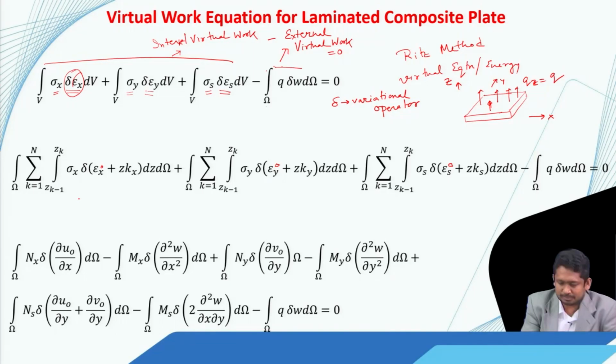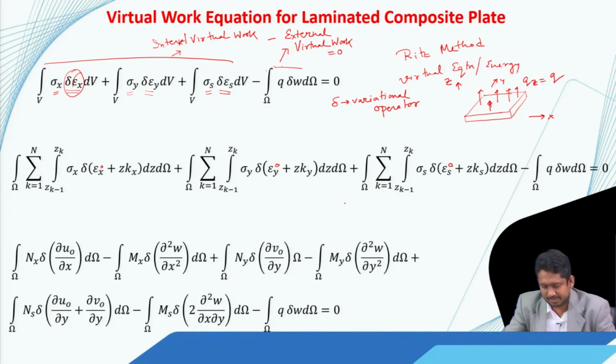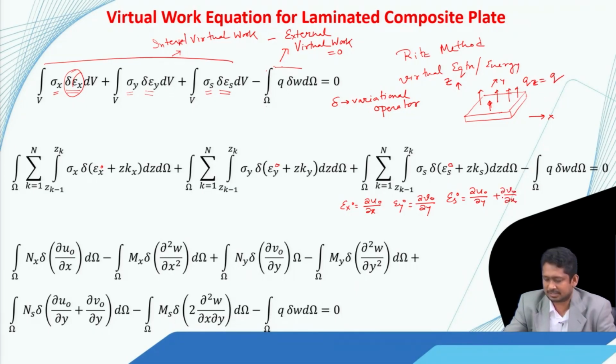And again we know that epsilon x 0 is equal to del u 0 by del x, epsilon y 0 is equal to del v 0 by del y, and epsilon s 0 is equal to del u 0 by del y plus del v 0 by del x.